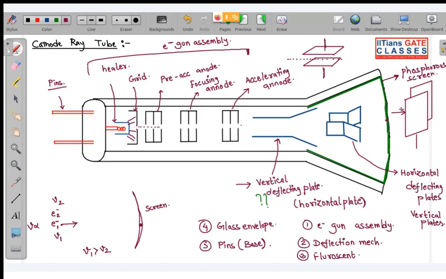Tell me, is this clear up to this point? Any doubt? If any doubt, let me know. So note this quickly. Have you noted everything, whatever I have told you? Noted? So note, quickly note.